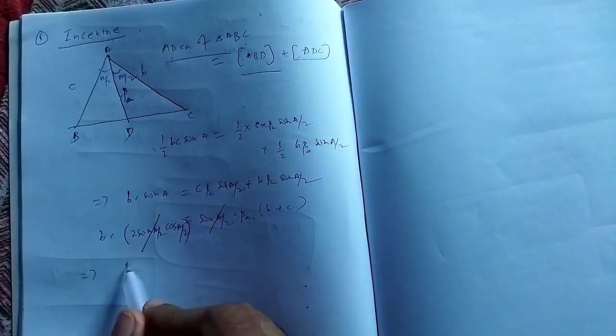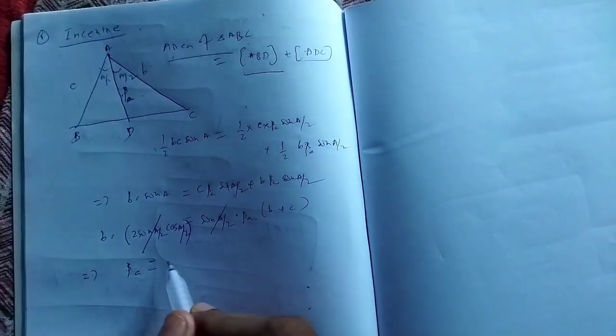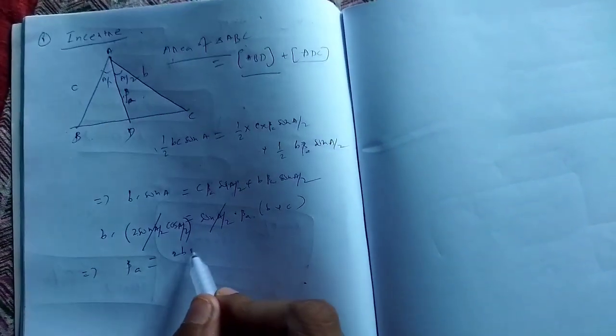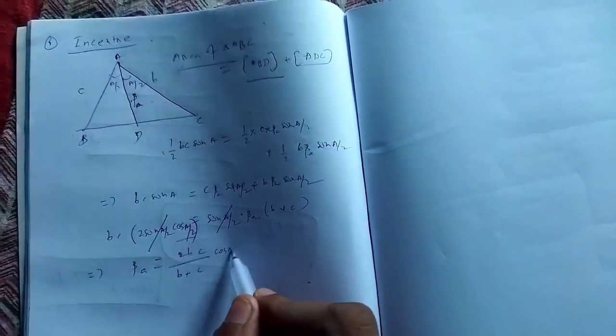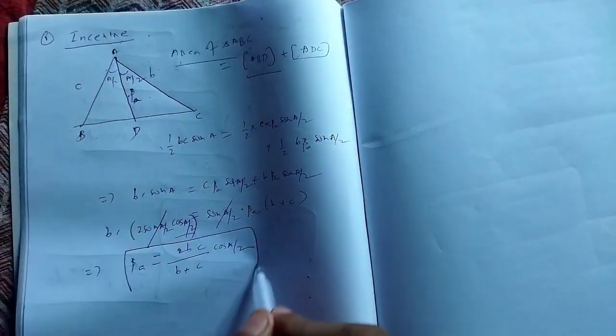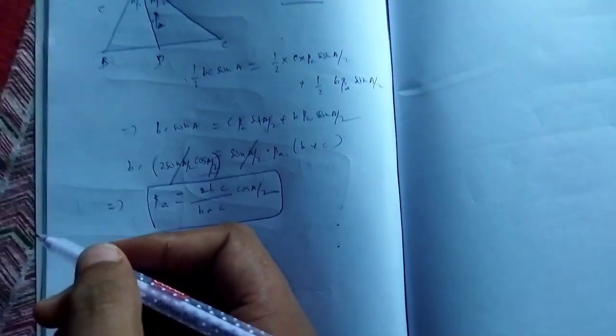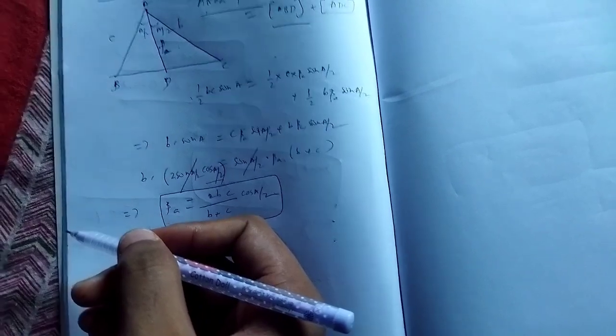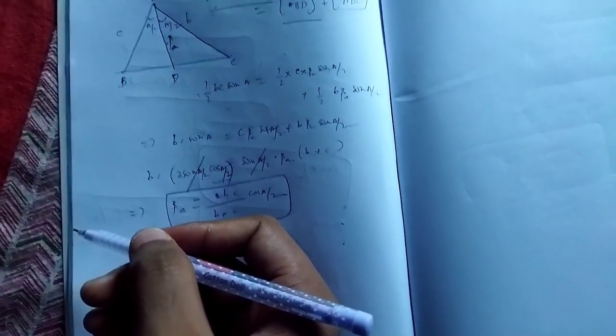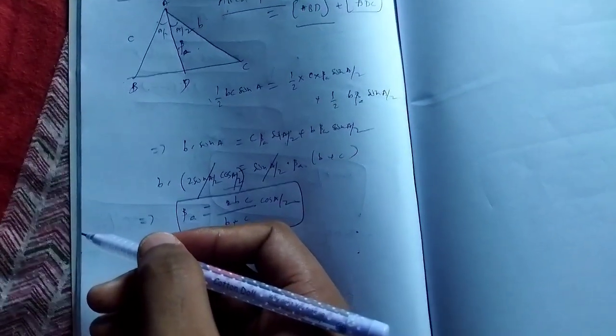So beta A equals 2BC by B plus C times cos A by 2. This is the formula for the length of the bisector through A. Similarly, we can find the length of the bisector through B and C.